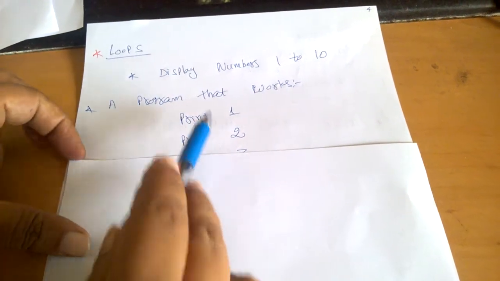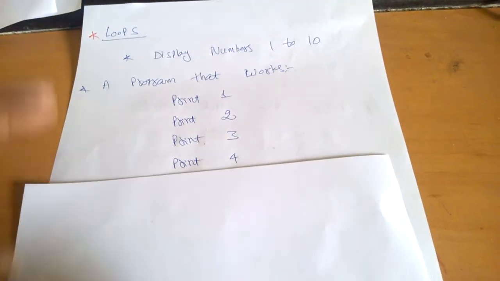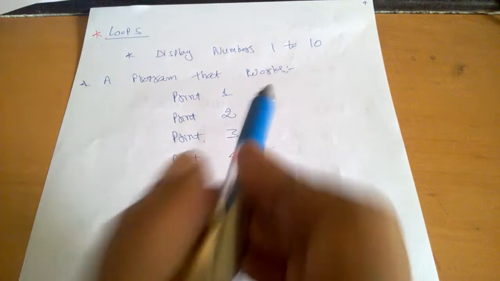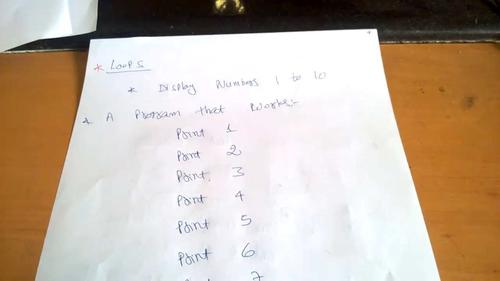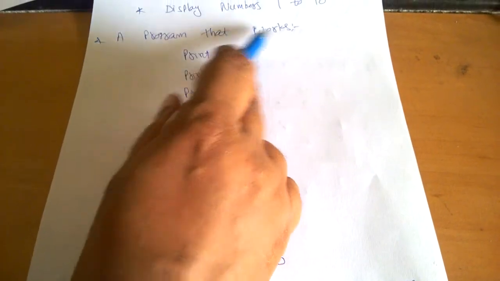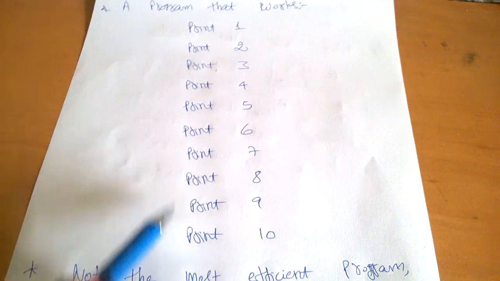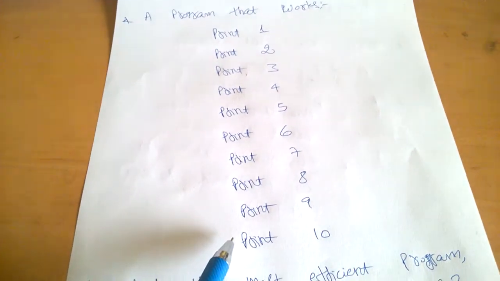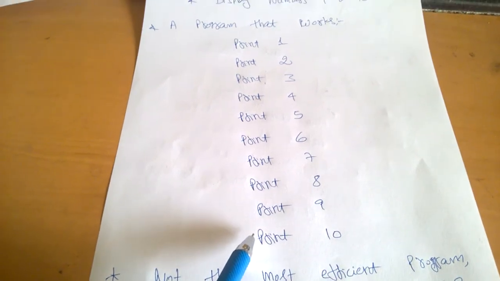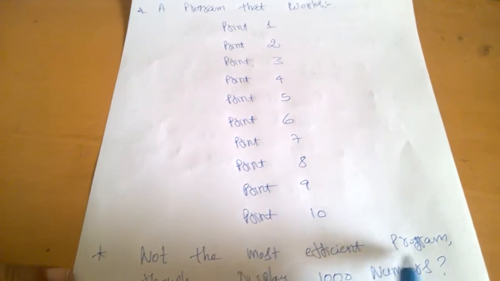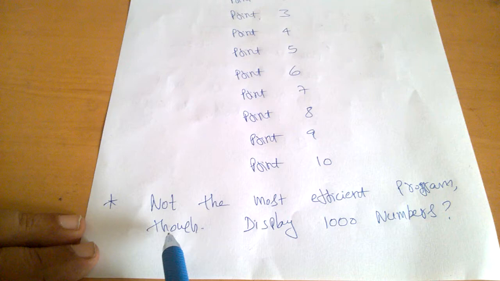So we will write a very simple program that works, the first program. Here we can see print 1, print 2, print 3, print 4, print 5, and so on up to print 10. So this program definitely works. It certainly works, but this is not the most efficient way of writing a program.